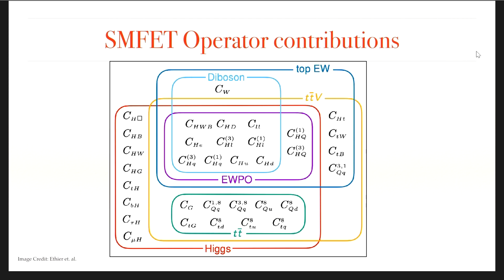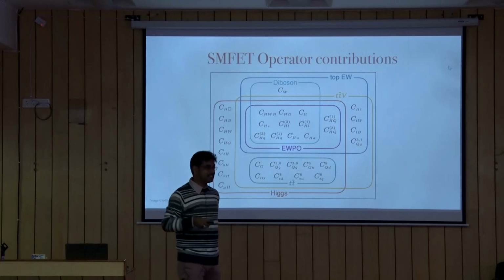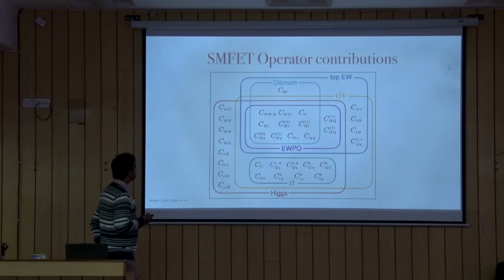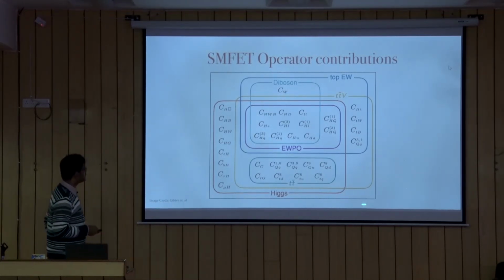Now this is interesting. Once again I am not going to remind you, the coefficients are named essentially, these are the Wilson coefficients which sit in front of all these dimension 6 operators. So what one can do is go back and look up a particular process that interests you, for example Higgs physics, and see that these are the class of operators which will affect some observable related to Higgs physics.